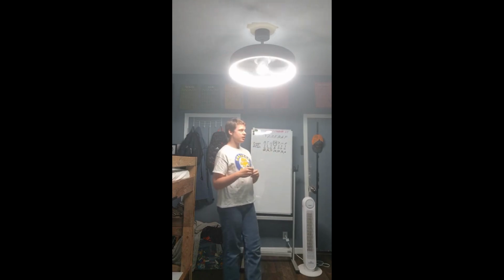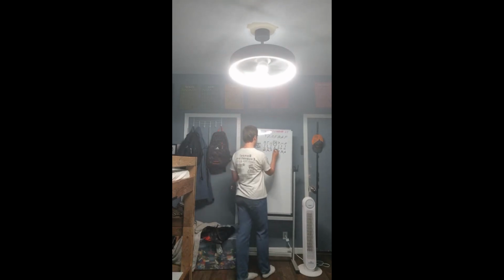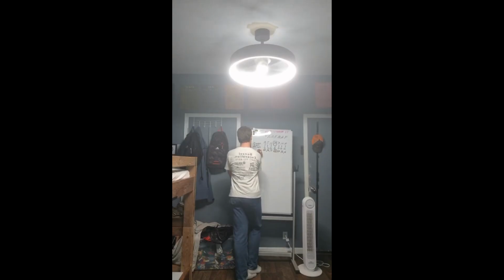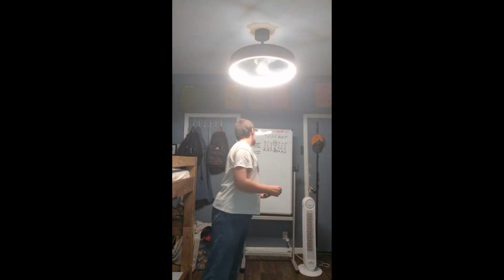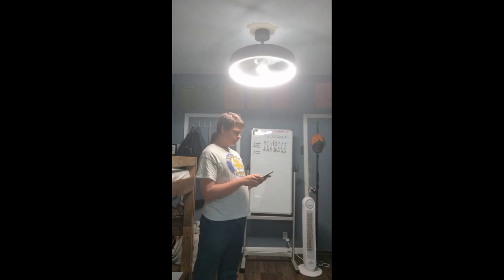So the median is 10. Median 10. Mode is 10. Well, if we take the average, it would say 10 3/4. Let's see. 6 plus 8 plus 10 plus 10 plus 12 plus 14 plus 16. 76.